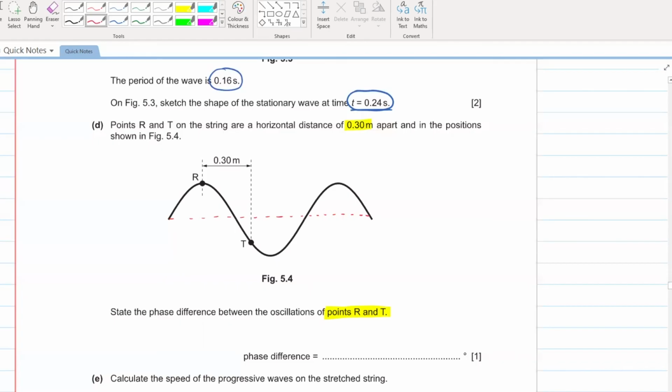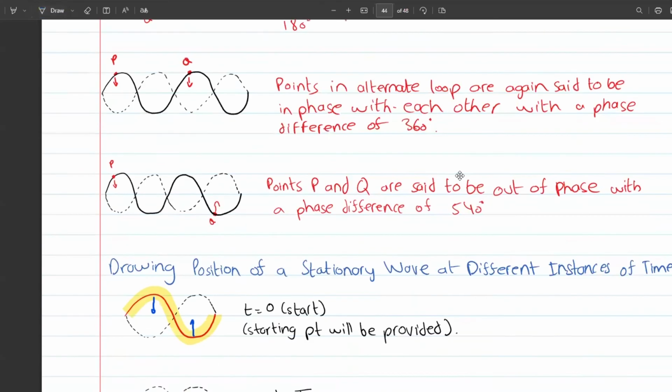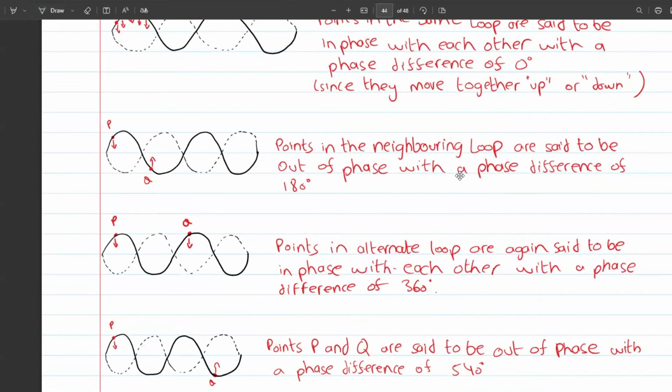Always remember, this is another property of a stationary wave. Beta, I have to refer to the notes again and again just so that you understand everything. If you remember, in stationary waves, if you have one point in the first loop and one point in the second loop, the phase difference between them is 180 degrees.